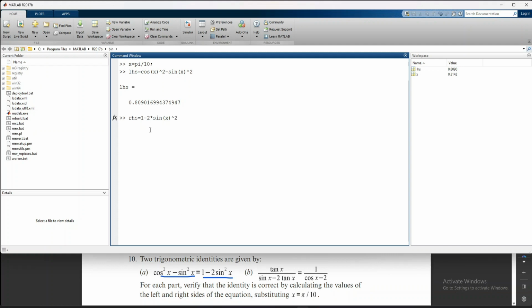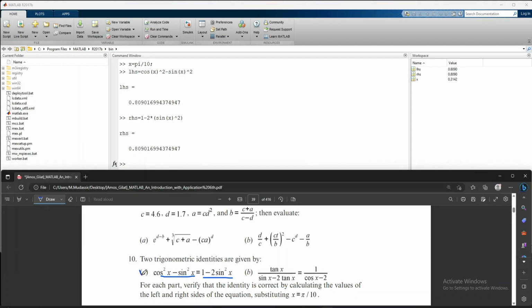Okay, this time 2 will be multiplied by sin square x, so you can put one more bracket here. It will first solve sin square x, then multiply by 2, and then 1 will be subtracted. Now enter. That shows 0.80906. That means the left hand side is equal to the right hand side, and this identity is correct.